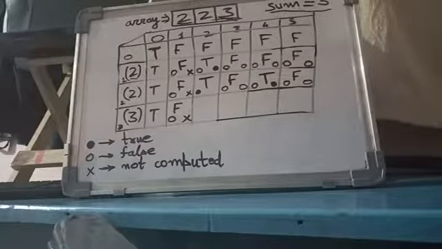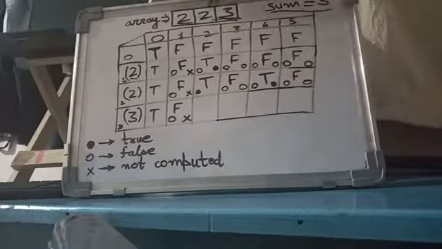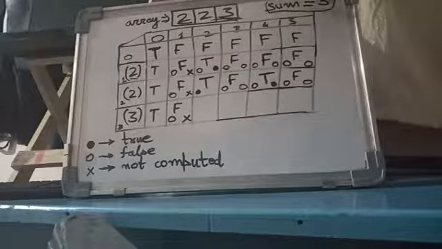in the question we have to find if there is a possible subset of this array whose sum could be the given sum. For example, in this problem, we are given an array of 2, 2, 3, and the sum given to us is 5.